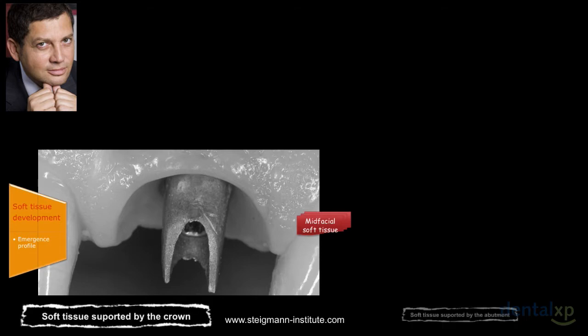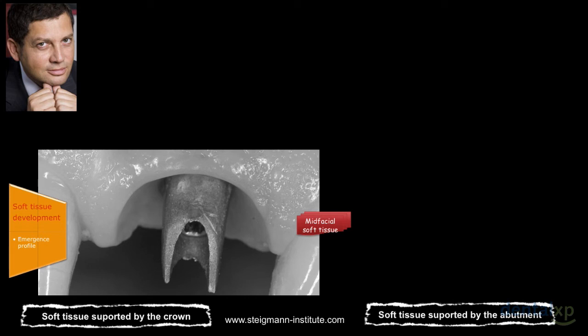In the past, most of the soft tissue was supported by the crown. In specific implant systems, the crown emerged subgingivally from the implant shoulder or close to the implant shoulder.